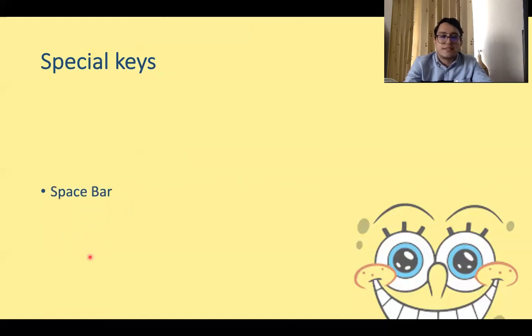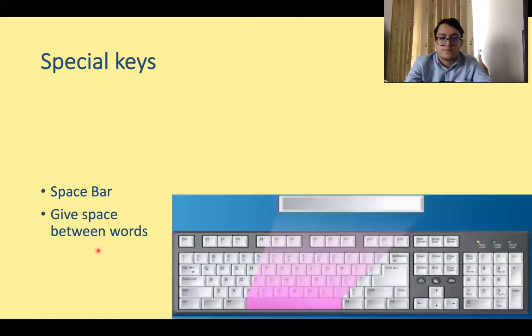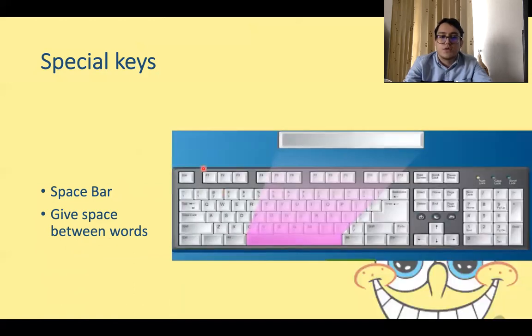Special keys, such as space bar. What does a space bar do? It gives space between the words. So you can see here, this is the space bar. Can you say it with me?